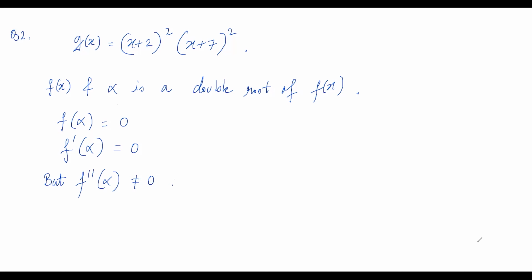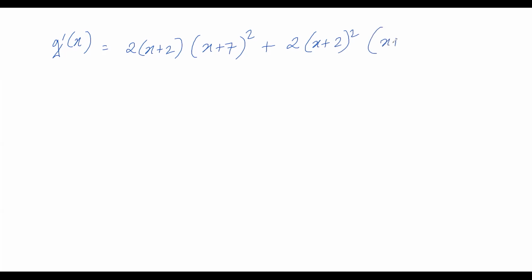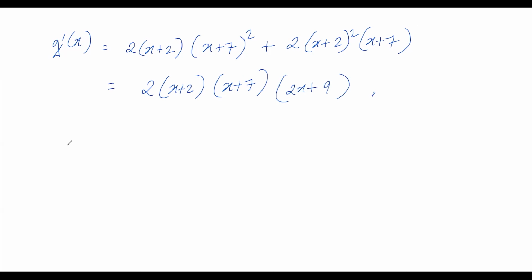Then we have to differentiate g of x. So g dash of x is equal to 2 times (x plus 2) times (x plus 7) whole squared plus 2 times (x plus 2) whole squared times (x plus 7), which is equal to 2 times (x plus 2) times (x plus 7) times (2x plus 9).